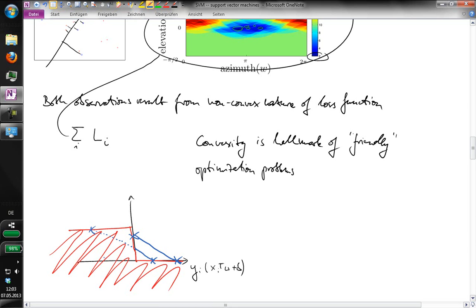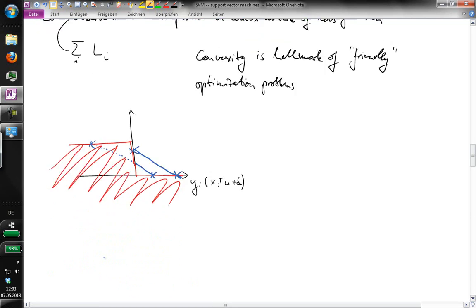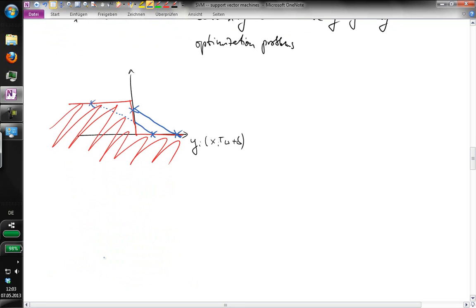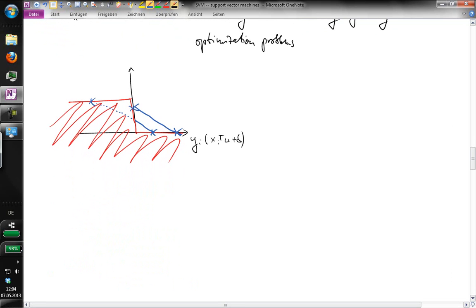So, to obtain a convex error surface, I need a convex loss function.